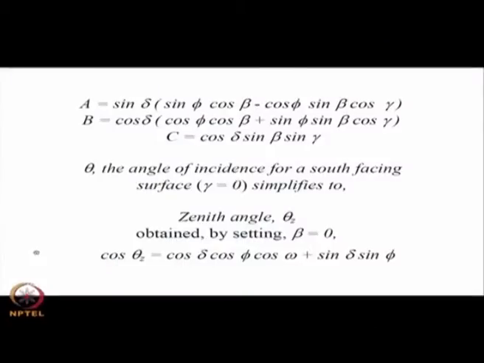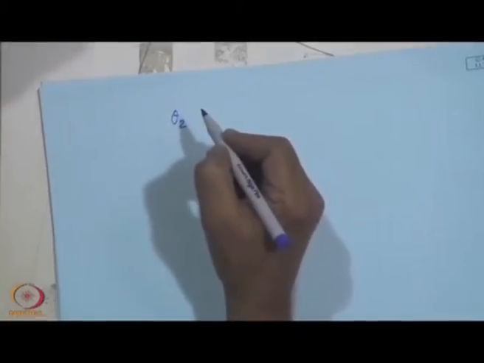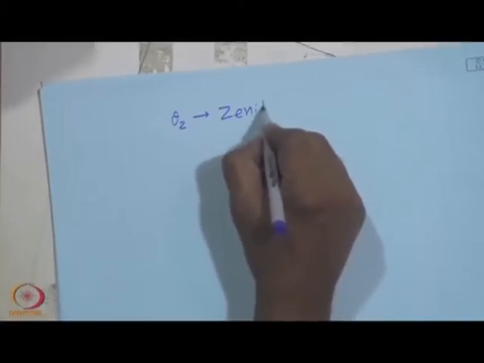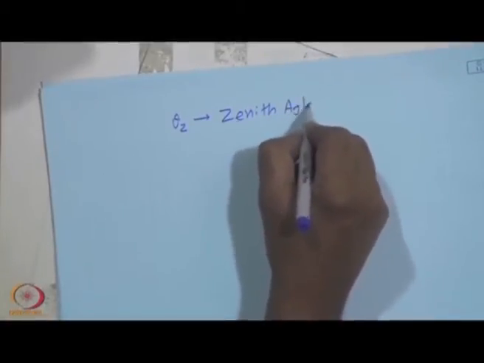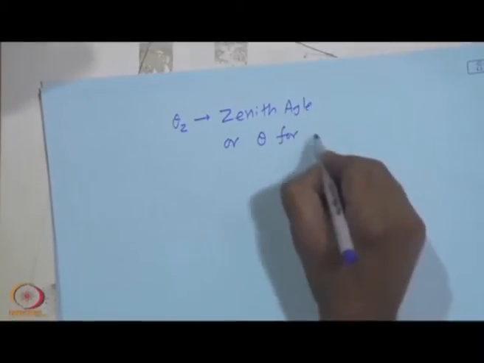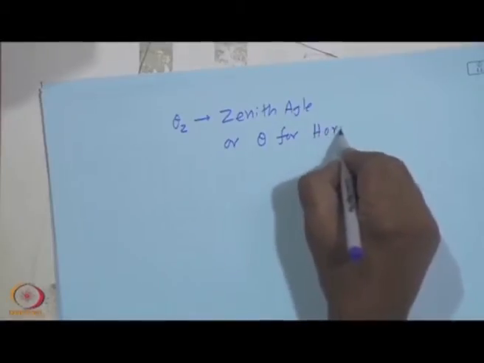Of course, A, B, C are defined in terms of the remaining things, and that so called zenith angle, the angle between the vertical and the sun's ray, is theta z. That means it is the angle of incidence, or theta, for a horizontal surface.